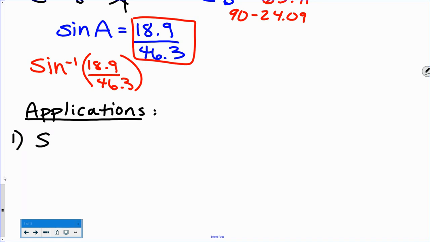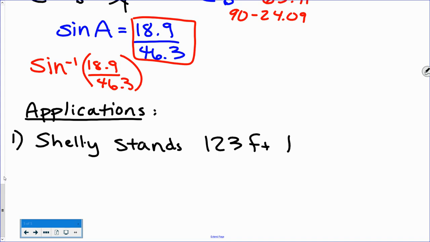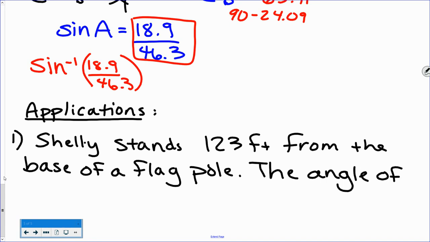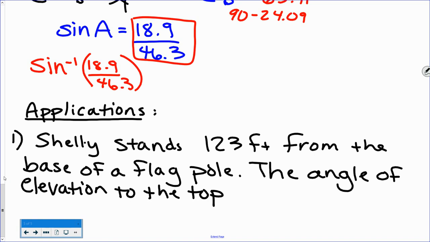All right, so Shelley stands 123 feet from the base of a flagpole. The angle of elevation, we'll talk about what that means, to the top of the flagpole is 26 degrees.